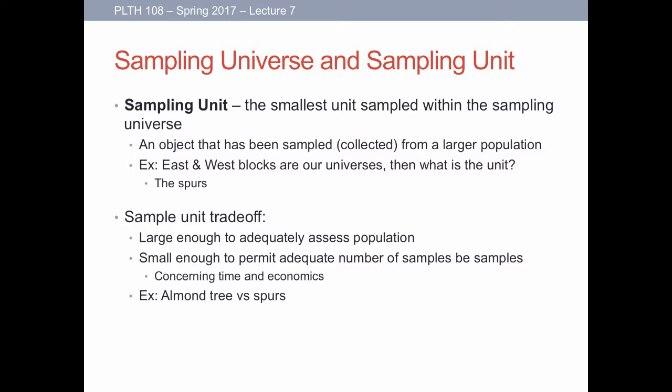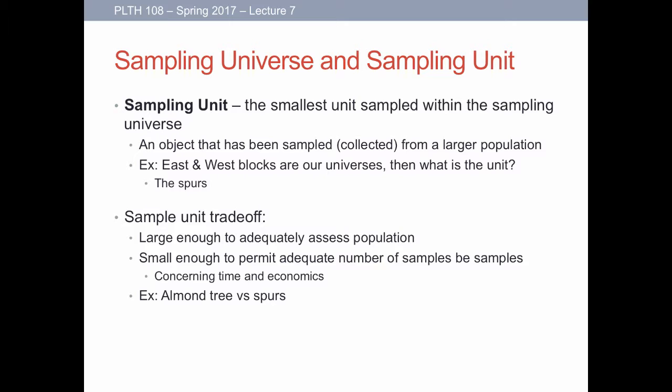And so there are some trade-offs with sampling units, which is essentially that you want to sample enough units that you get a good assessment of the population, right? So if you're out there counting spurs, you want to make sure you count enough spurs so that a single high population on a spur or a handful of low counts aren't going to skew your entire count.